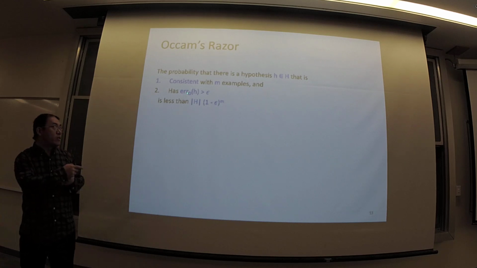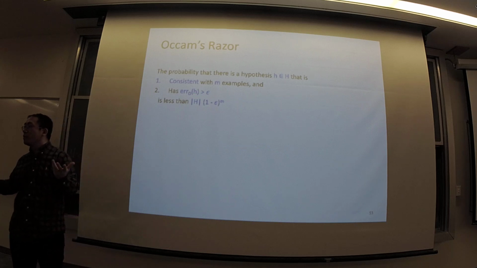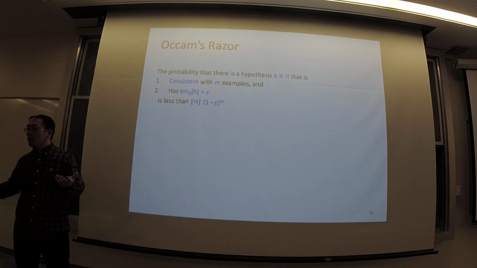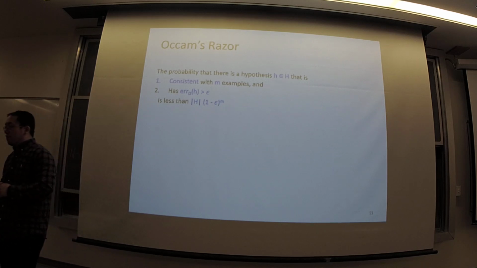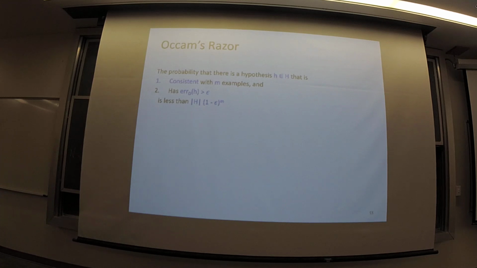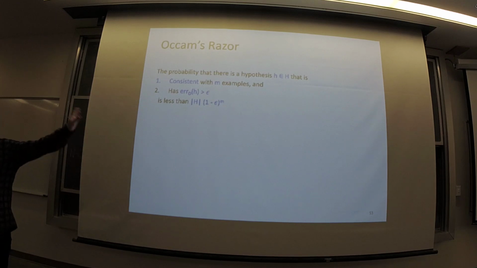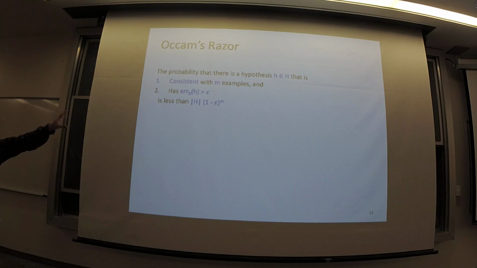For example, its generalization error is bigger than 0.2. That feels unacceptable, right? If I were a machine learning algorithm designer, I want this event to have the smallest chance to happen. I don't want this event to happen at all. But again, this is a random event. You cannot forbid its occurrence. It always has a chance to happen.